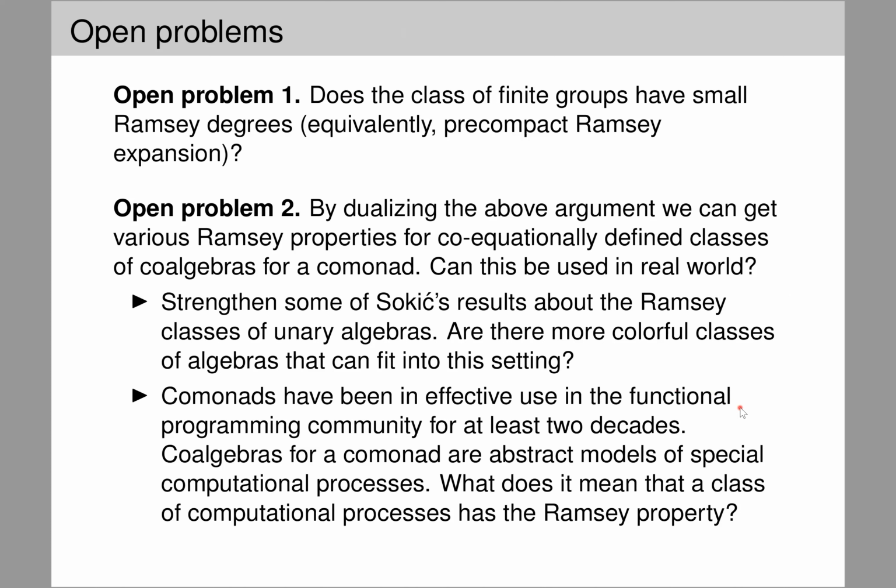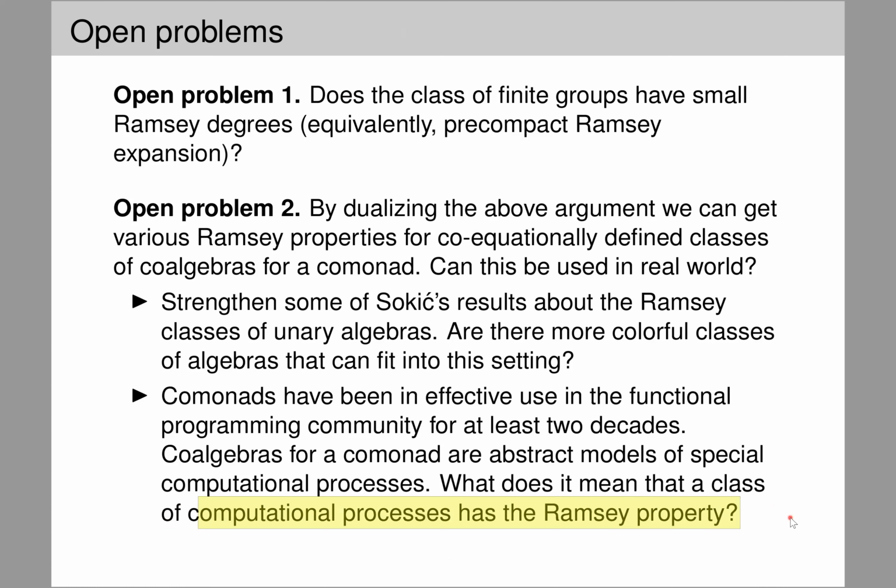And finally, comonads have been in effective use in the functional programming community for quite some time, and coalgebras are natural models of computation. So coalgebras for a comonad are of interest in the computer science community, and I'm very much interested to know what it means for a class of computational processes to have the Ramsey property.